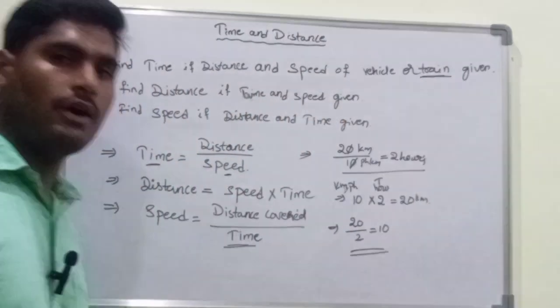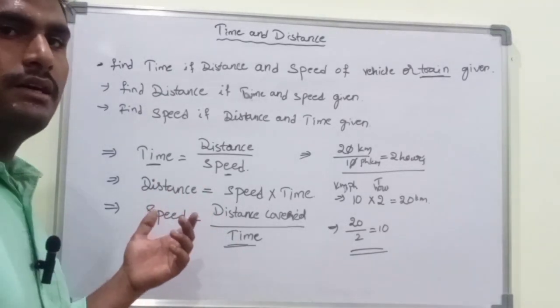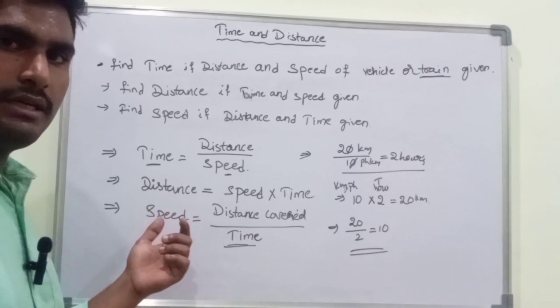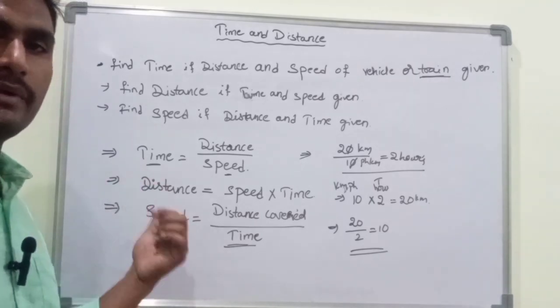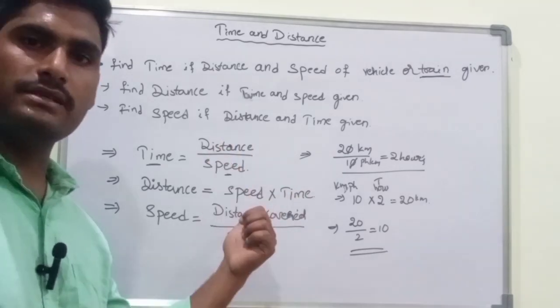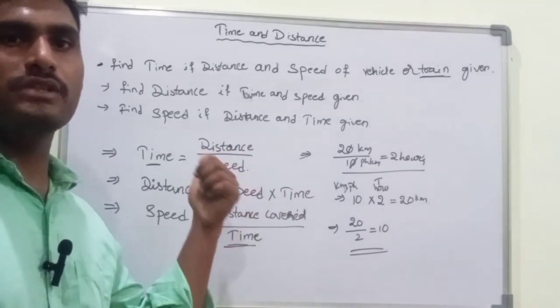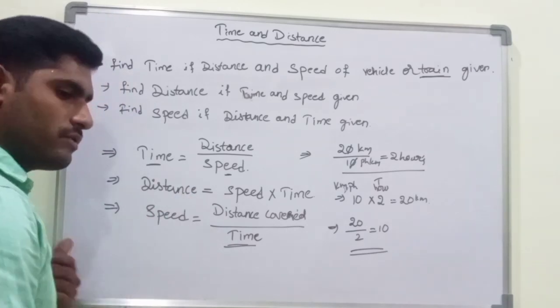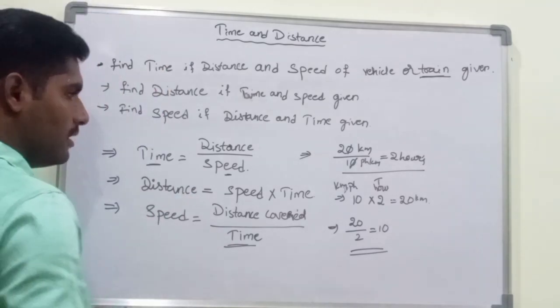So this is how we find the distance, time and speed of a particular train or vehicle or any person. It may be a person who is walking. There are different types of questions.